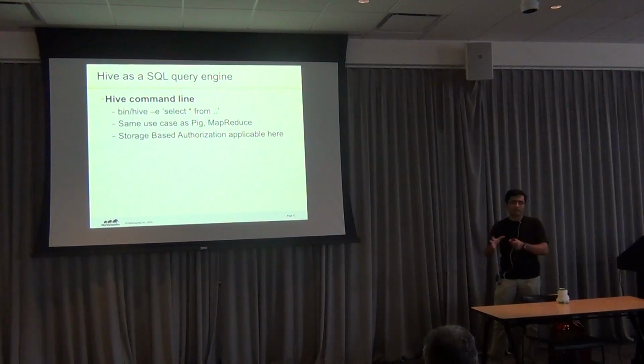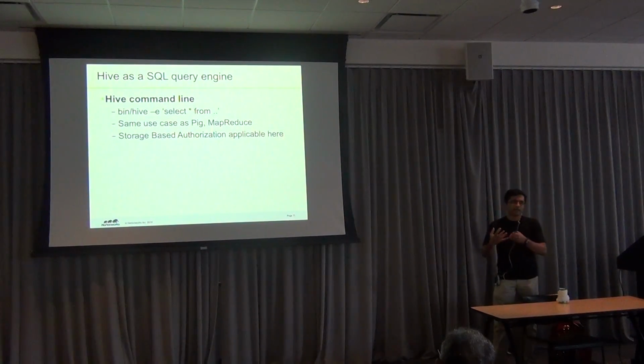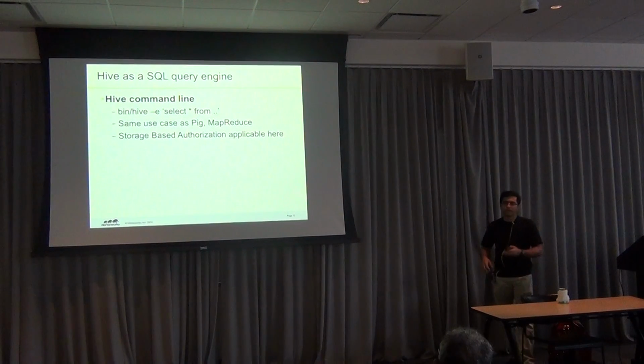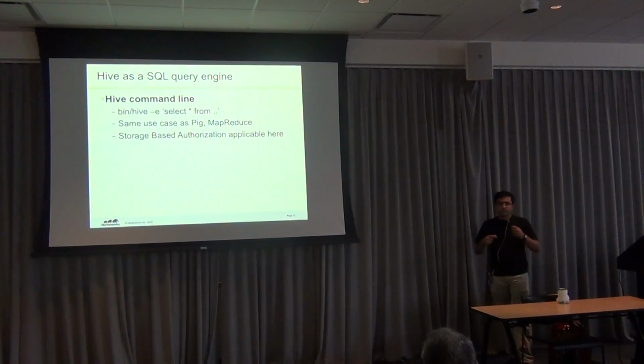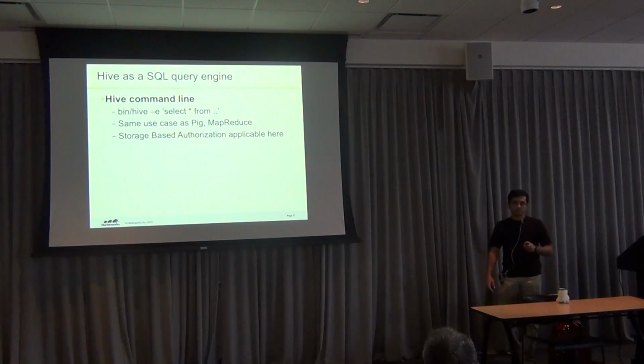The components that are relevant here are the same. So you have a Hive query. When given a Hive query, it looks at the metadata, figures out the query plan, and then processes the data by reading the data from the file system and then writing back. So the same storage-based authorization is very much applicable for the Hive command line as well.